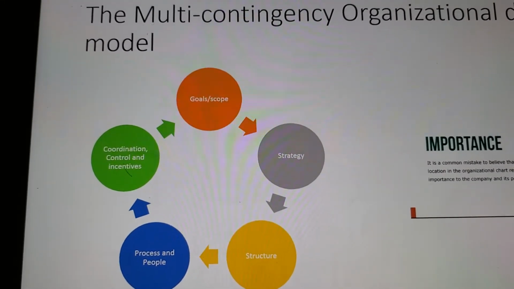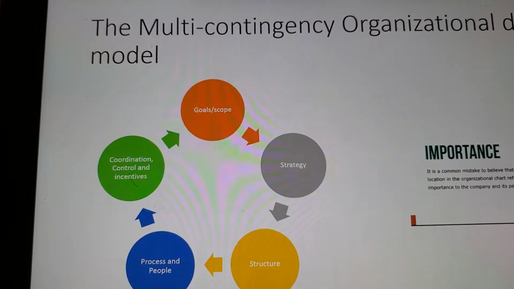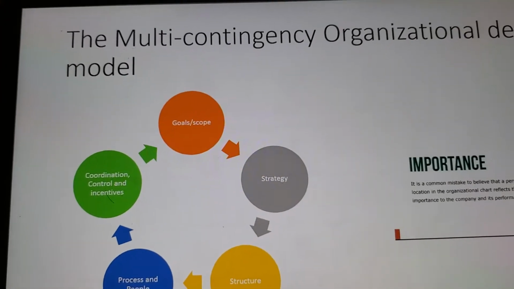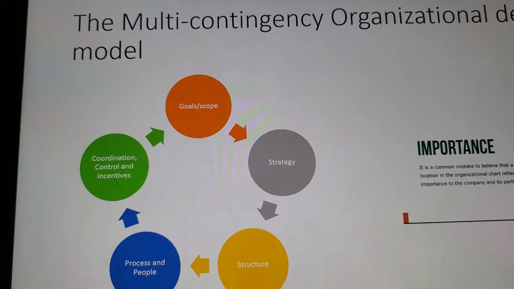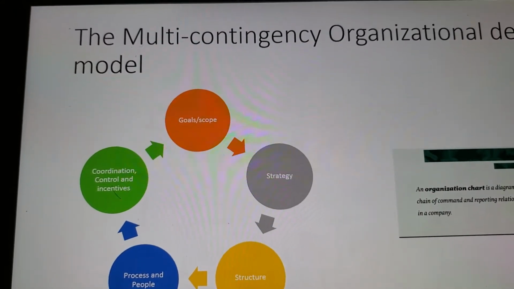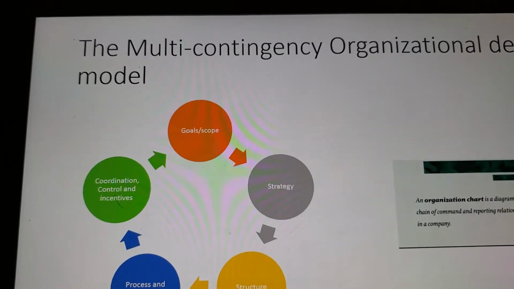A common mistake is that people believe the position on the chart reflects their importance to the company and its performance, as discussed. Normally, the lower level employees do not have a hand in making decisions within the organization.